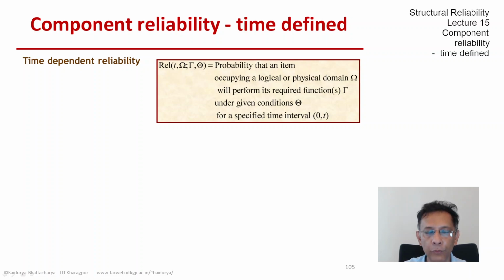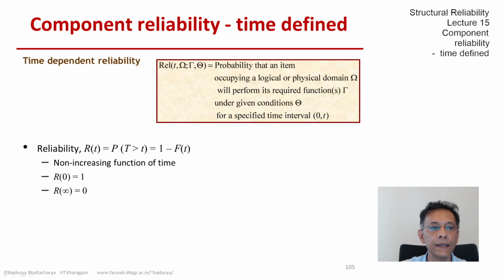We are looking at a component, so the reference to omega is suppressed. We have decided that we are observing failures, so those performance functions, gamma, are also suppressed, as are the given conditions.